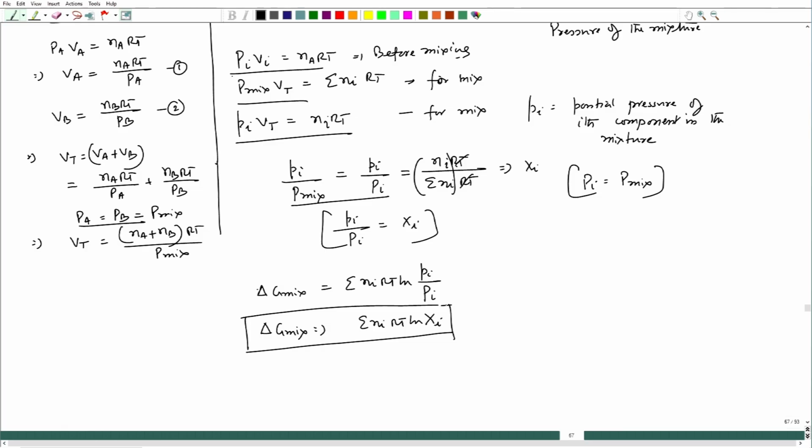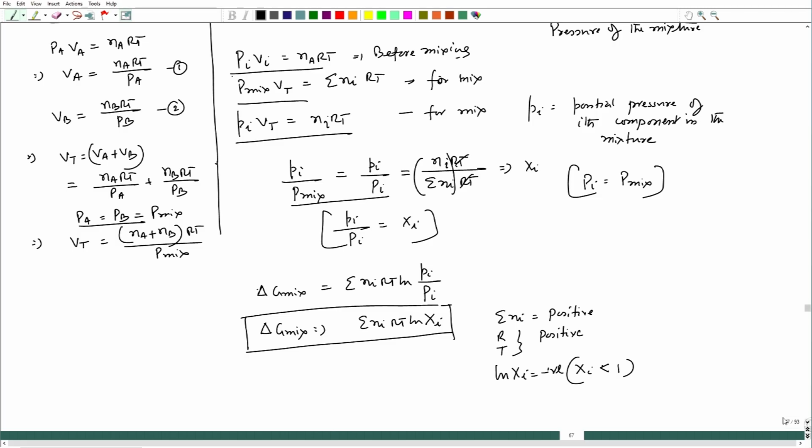Now, interestingly, if you see here, N_i is a positive quantity, R as well as T both are positive, non-zero values. Since it is ln X_i and X_i is a mole fraction in a mix, it has to be less than 1. So, this is negative.